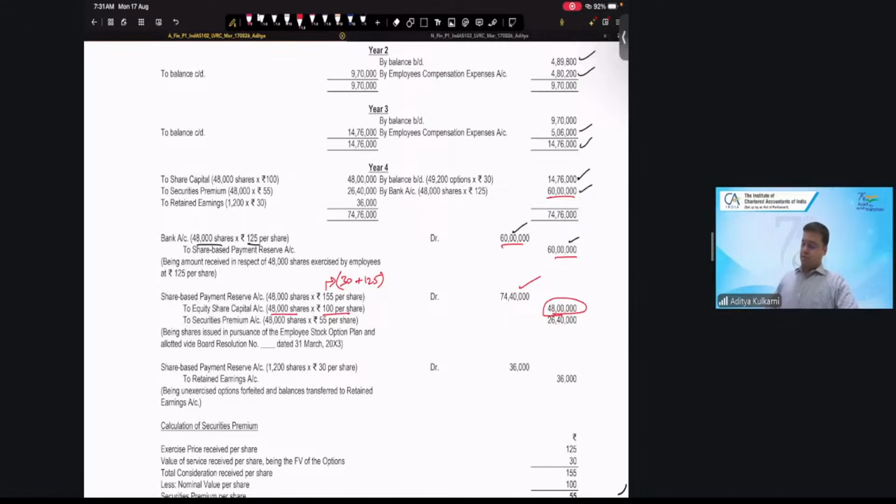Yes or no? So 74 lakh 40,000. And securities premium will be the balancing figure of 55 rupees per share. 48,000 into 55, 26 lakh 40,000. Are we okay with this? Yes, Manish, did you follow?